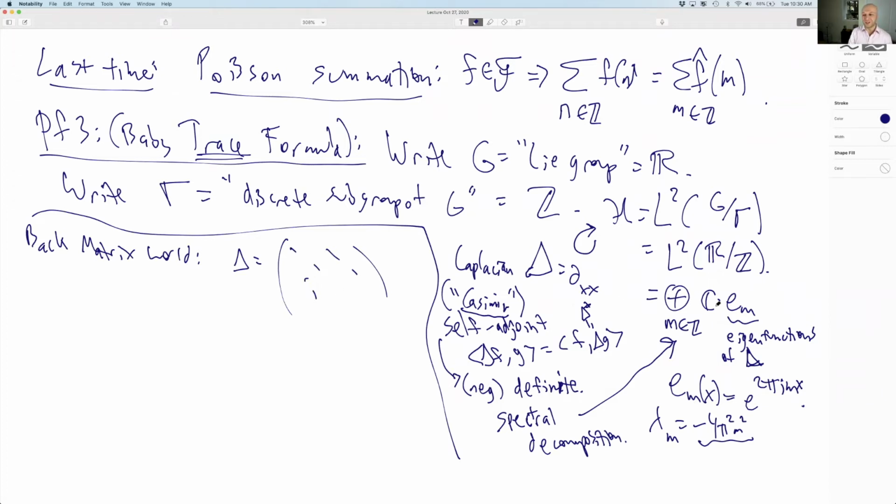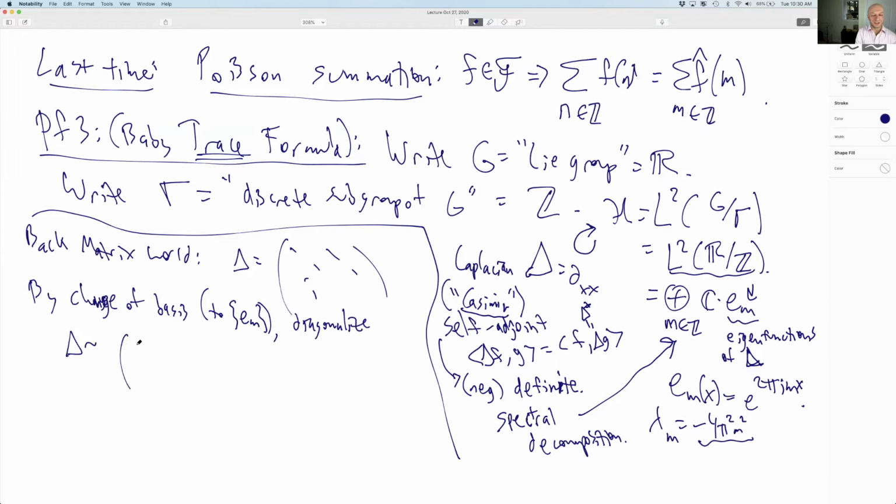And what we're saying is when you make this change of basis from whatever basis you had for L2 of R to the basis of the e_m's, we diagonalize. So delta is similar to all of these eigenvalues.